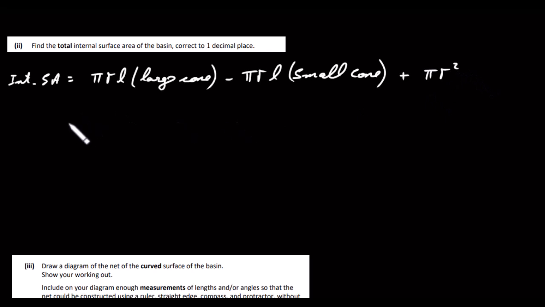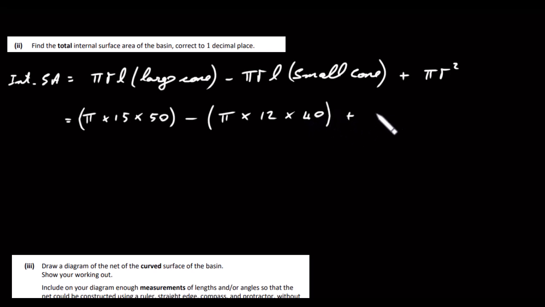So let's stick in the numbers. So we've got pi, we've got the radius of the large cone, which is 15. And we've got the length, the slant height, if you like, of the large cone, which is 50. We're going to subtract pi times the radius of the small cone, which is 12, and the slant height is 40.